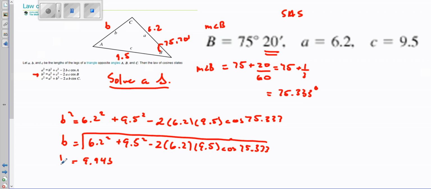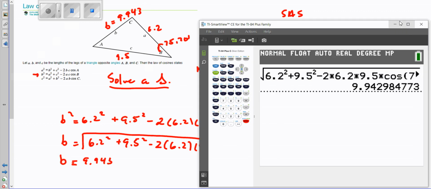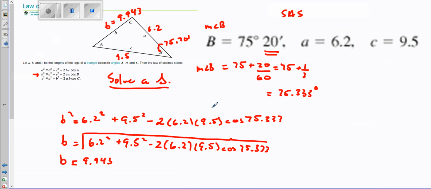You can put that up there and verify that this makes sense. Yep, 9.943. Now from here, we want to figure out our remaining angles.